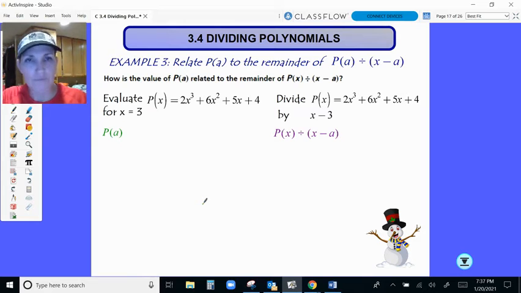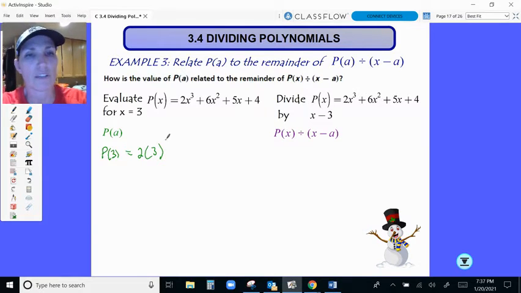So I'm going to do both things here. I'm going to evaluate this for p of 3. So p of 3 equals 2 times 3 cubed. So I'm going to plug in 3 for every time I see x, plus 6 times 3 squared, plus 5 times 3, plus 4. So we're just substituting in 3 for x.